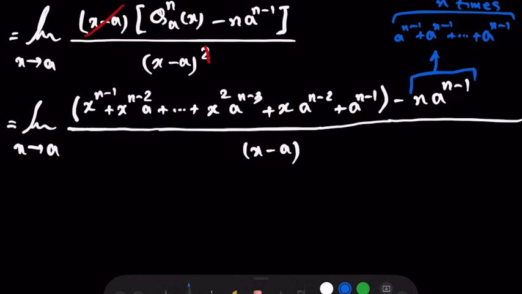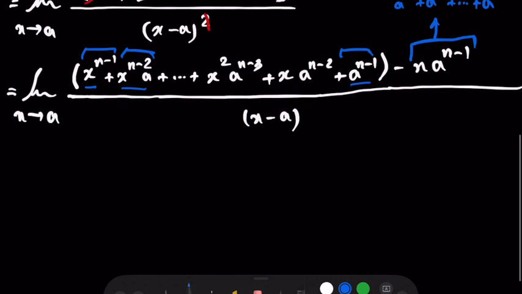And from the first part we have 1, 2, up to n terms here. So you can see, if you just count, there are n terms in the first parenthesis: x to the power of n minus 1, x to the power of n minus 2 a, until a to the power of n minus 1. So it is n terms here, and there are n terms of a to the power of n minus 1.